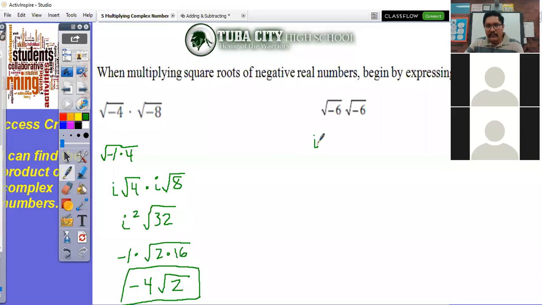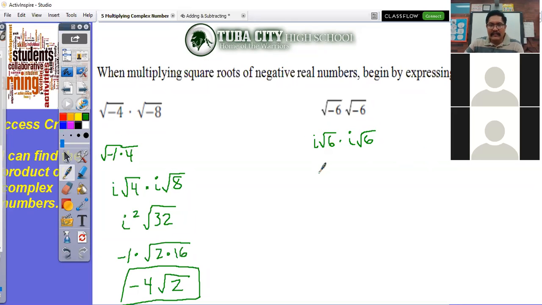So i root 6 times, and I'm going to put the dot in there too, just so there's no confusion, i root 6. So again, we took the negative out, replaced it with i.